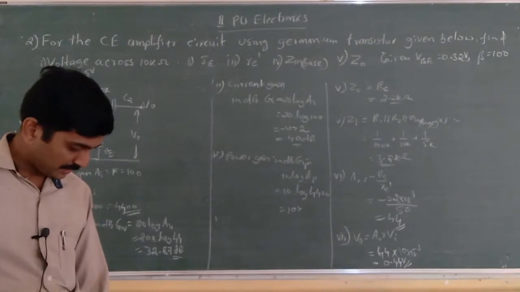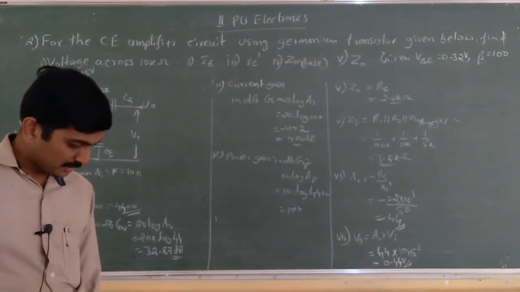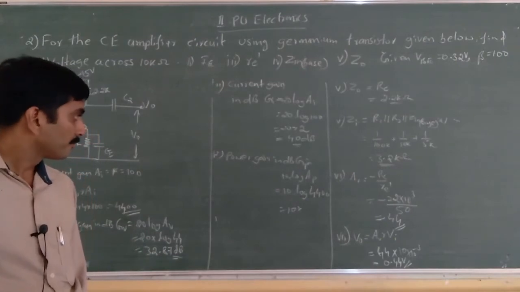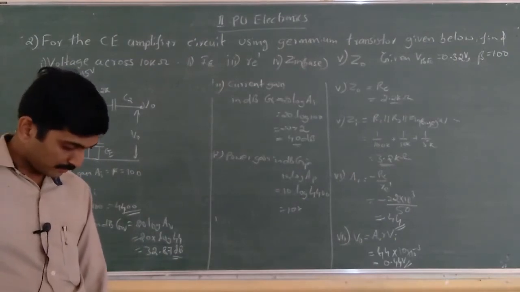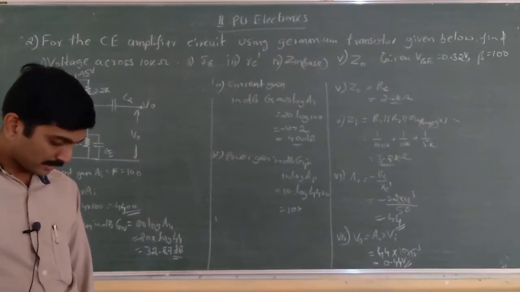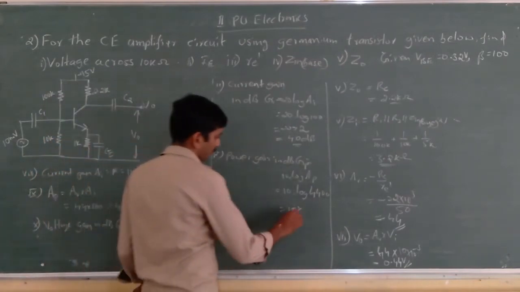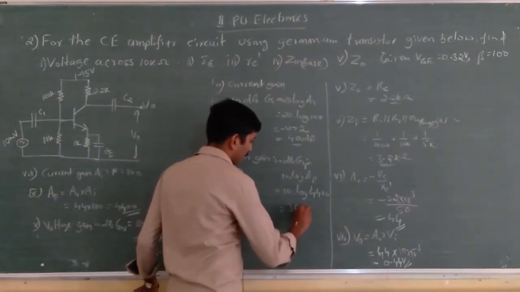See, 10 log of 4400 equal to 36.43. It is 36.43 dB.